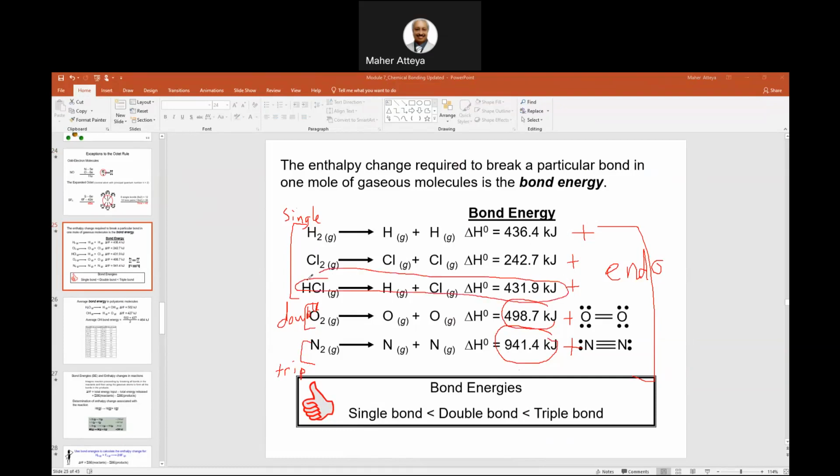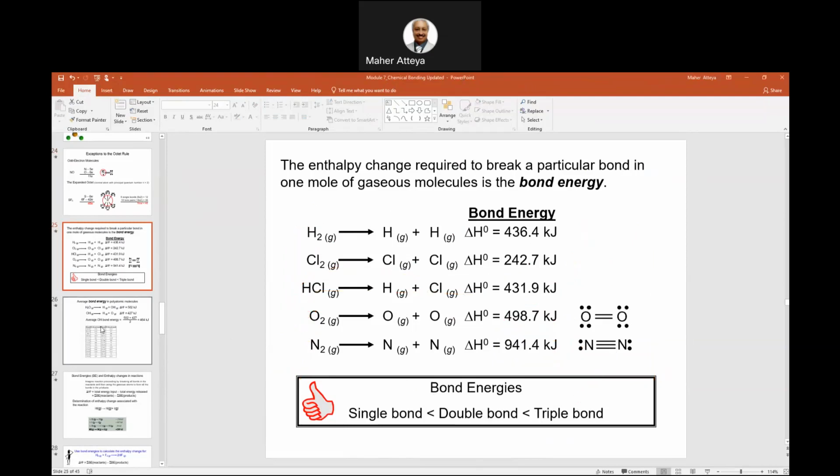Because it is ionic. It acts like a partial ionic, correct? Those are non-polar, and therefore will not take that much energy to break them apart. So this is the conclusion here. Make sure that you understand single bond has less bond energy than double bond, than triple bond. We talked about this, but we're repeating it again.